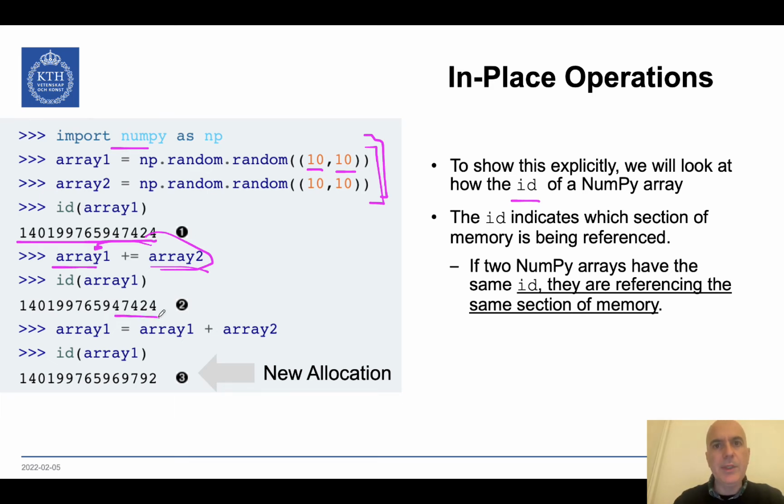It means that we didn't allocate any new array to store the results. We just use the initial allocation and we don't reallocate it.